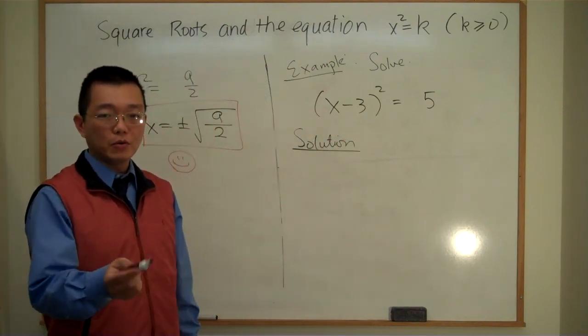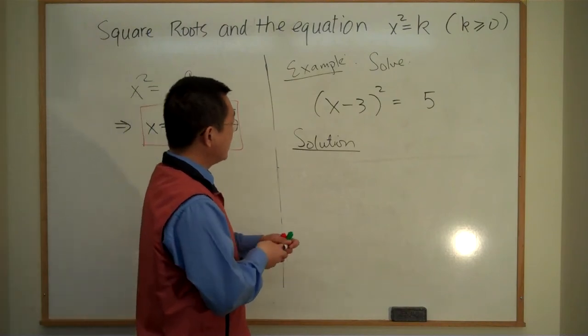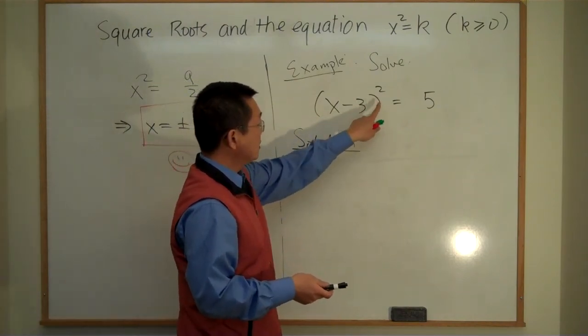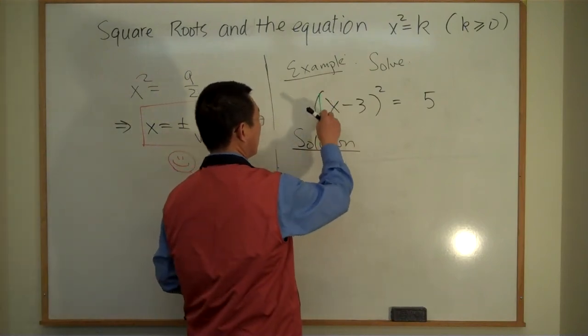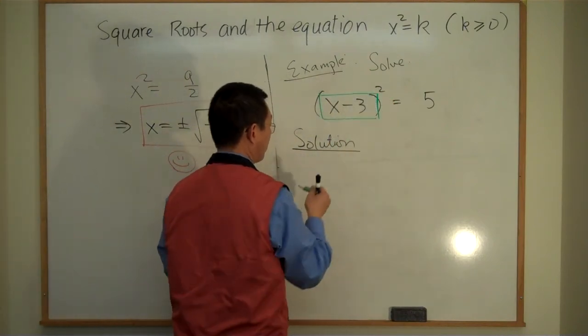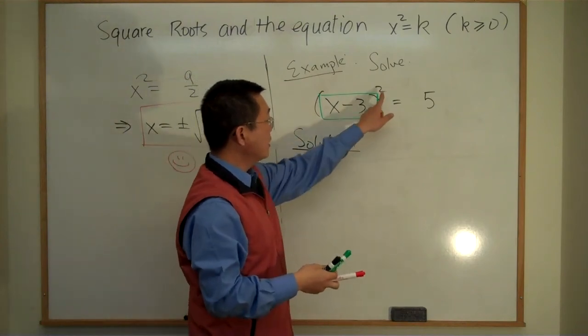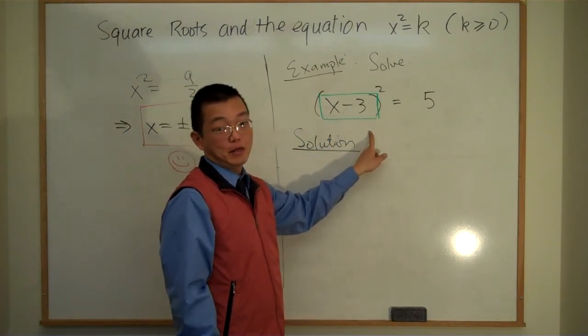Now this is how we solve this problem. First of all, you see a certain quantity squared equals 5. So what do I know about this quantity? When something squared equals 5, that something is plus minus square root of 5.